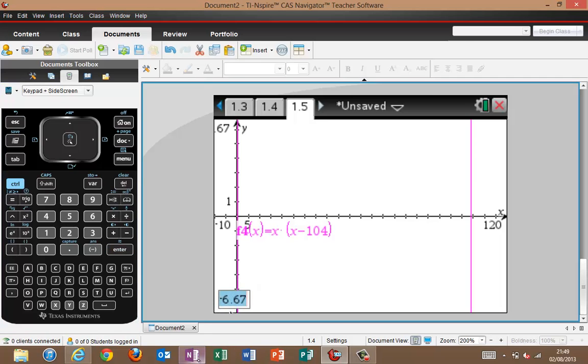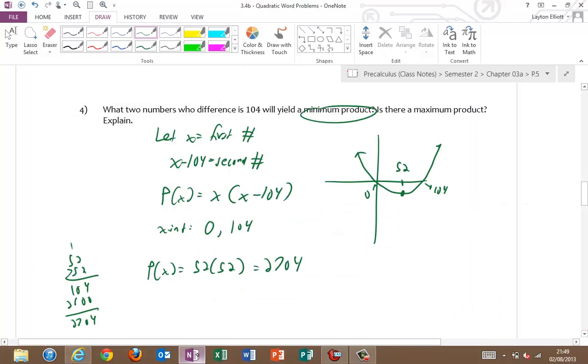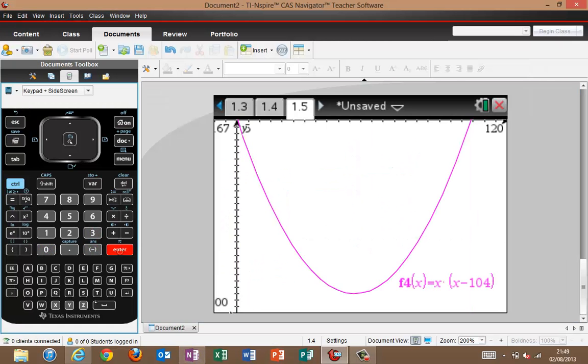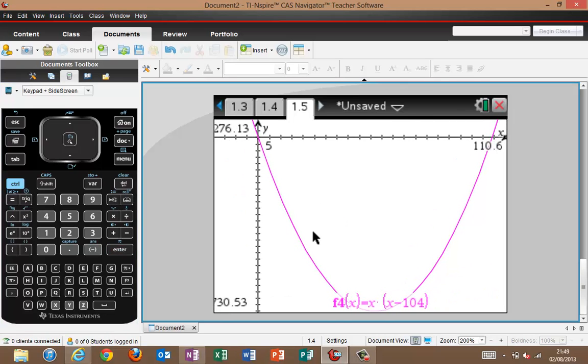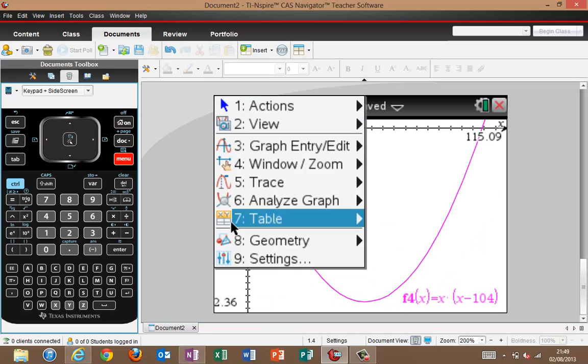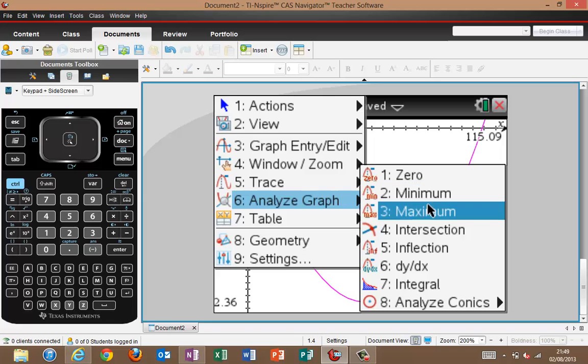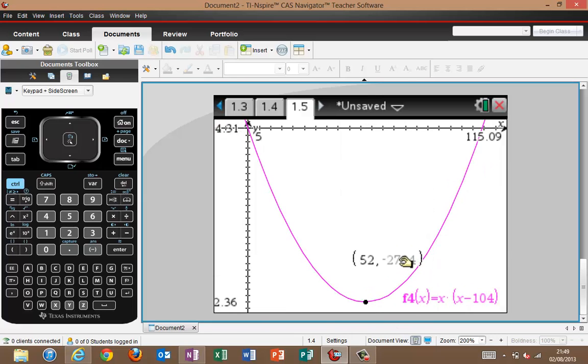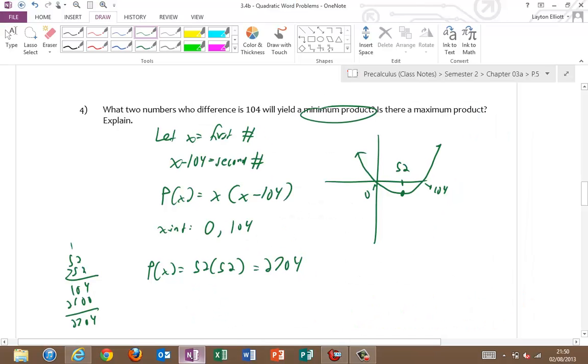My minimum product was 2704, so let's go negative 3000. And let's do a menu, analyze graph, minimum, left bound, right bound, up negative 2704.